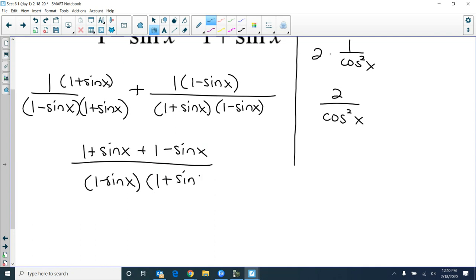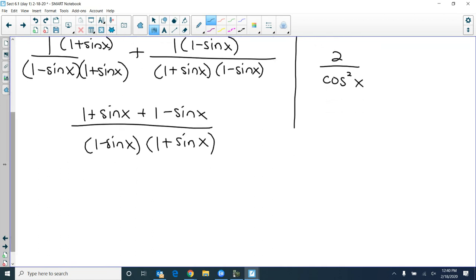I can write it as 1 fraction. Simplify the top. This doesn't look anything like the denominator. So what can I do to the denominator? At this point, if you're stuck, foil it together.